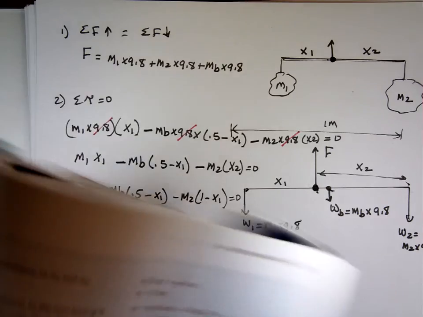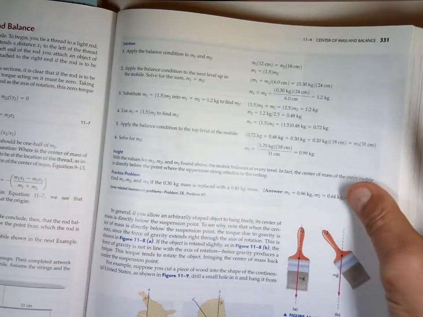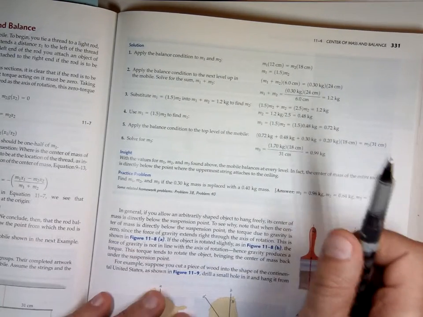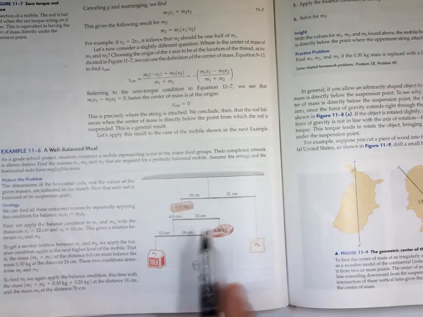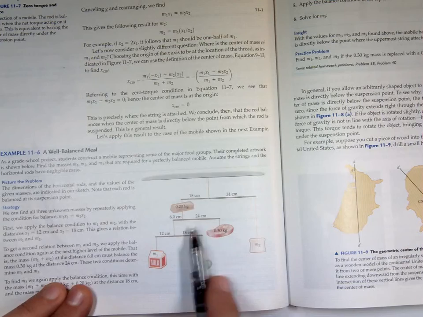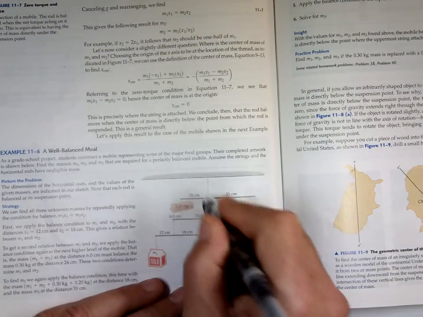And if you have more than 2, they'll do the same thing. So notice we have all these pictures showing where the center of mass is. You have to find out where each piece is in relation to the center of mass.